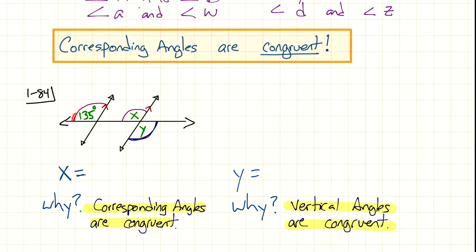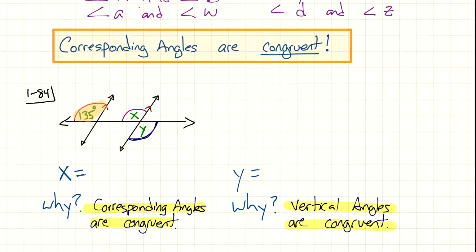There's a measurement given to us, 135 degrees, and another angle called x. If we're trying to figure out what x and maybe y are, we could use our angle relationships. We just learned about corresponding angles, so the question is, do I have any? Let me highlight these for you.